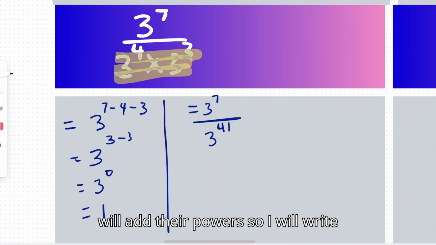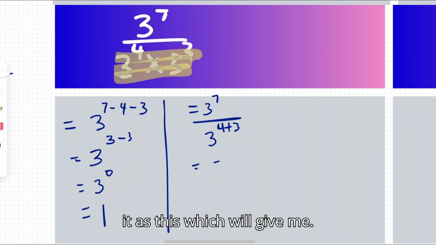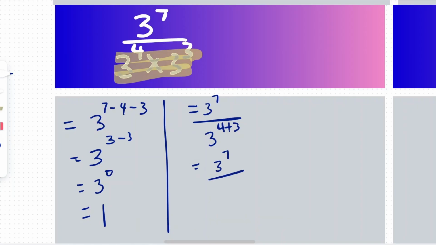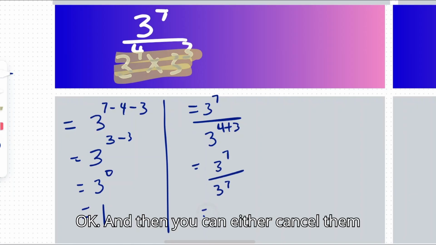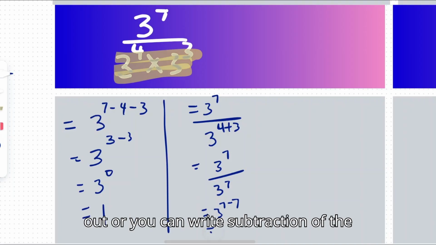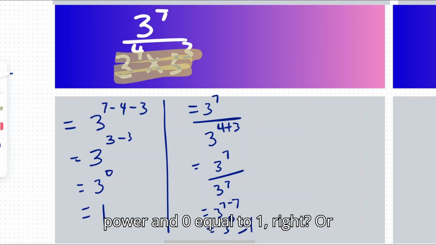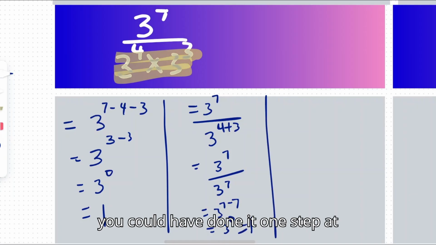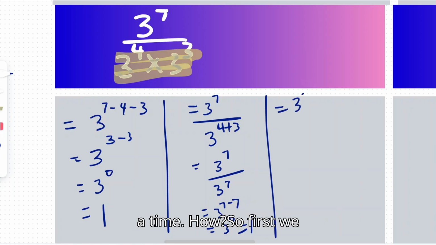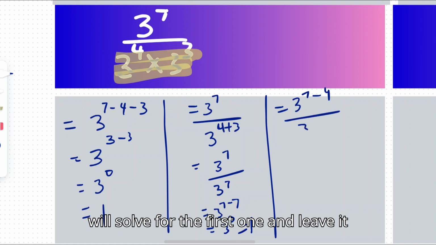So I will write it as this, which will give me. Okay, and then you can either cancel them out or you can write subtraction of the power and 0 equal to 1, right? Or you could have done it one step at a time. How? So first we will solve for the first one and leave it here.